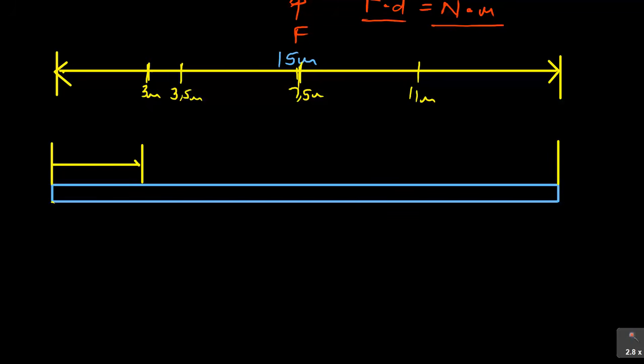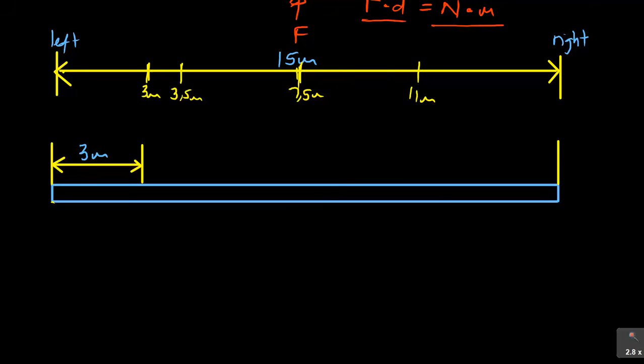So if I do that, that's the first part that I'm given. So that is 3 meters from the left. Remember, this is my left side in here. All right, this is my left, and this is my right. I'm just taking it a bit slower so that you can have an idea what we're dealing with.